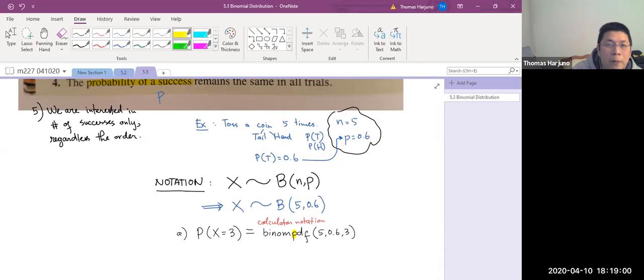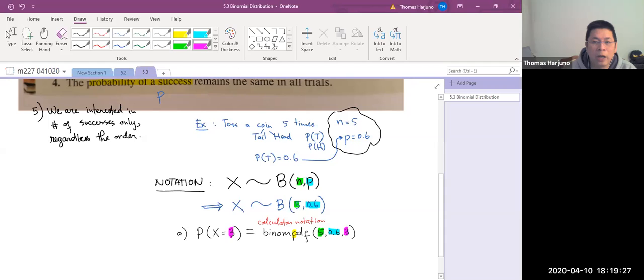The first number is the n. The second number is the p. And the third number is the number of desired outcomes, the number of successes.